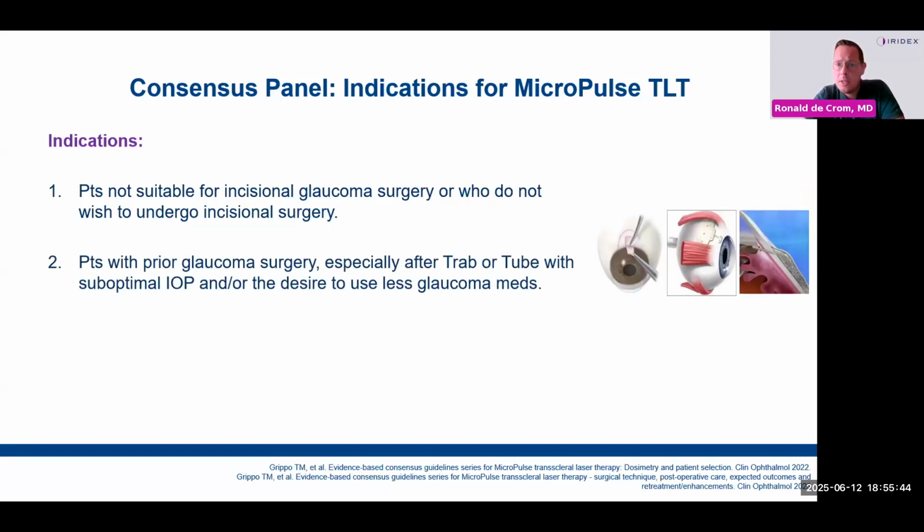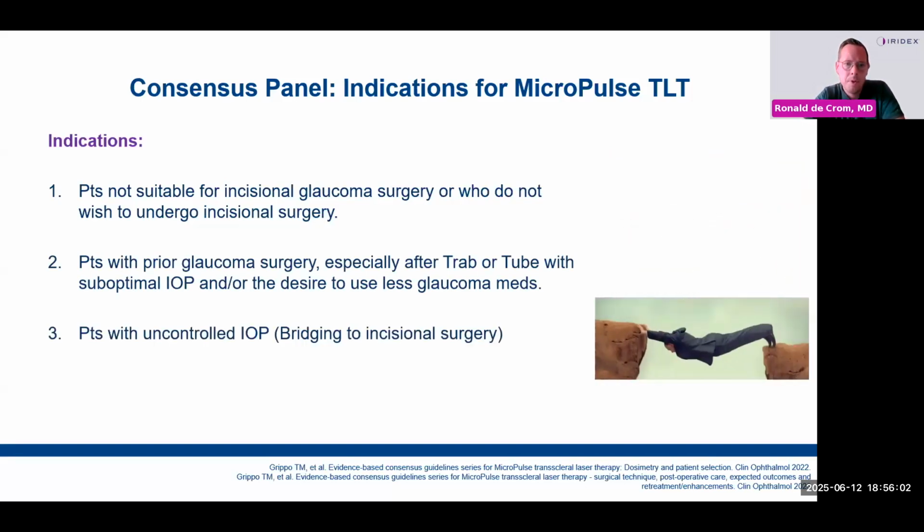Also, if you have a patient who has already had trabeculectomy or tube implant, but still has suboptimal intraocular pressure or a lot of medication, that patient category is also a good one in which you can consider the use of micropulse TLT. You can also use it to bridge towards incisional surgery.